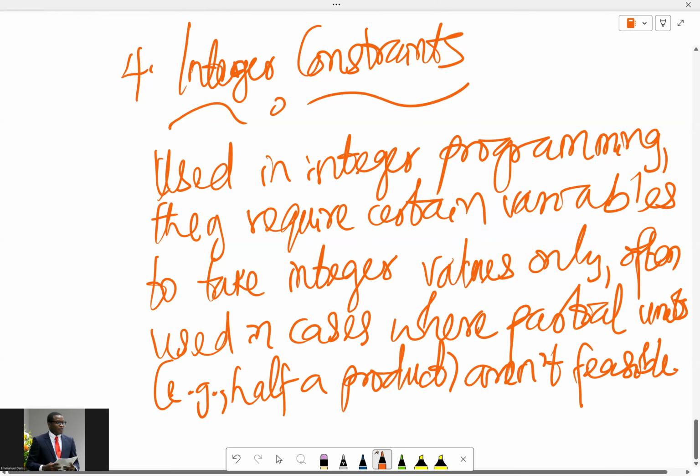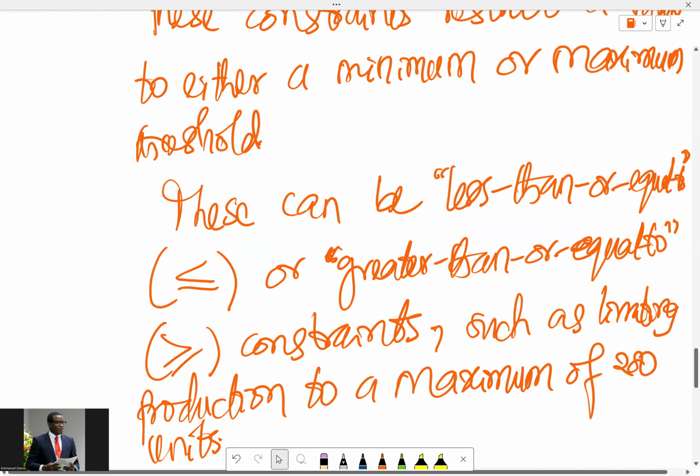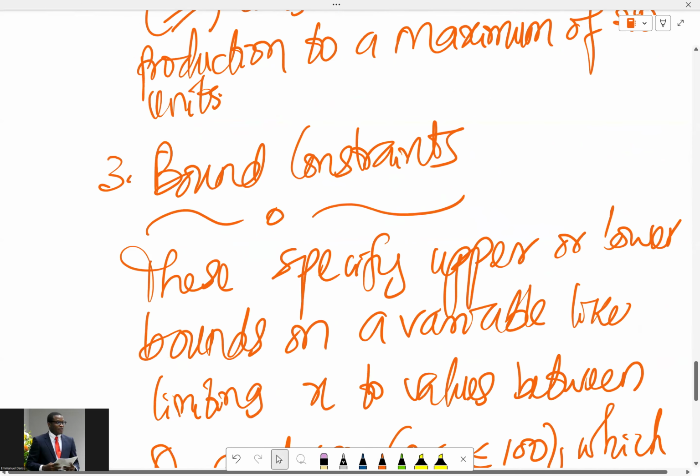So these are types of constraints, equality, inequality, and so on and so forth.